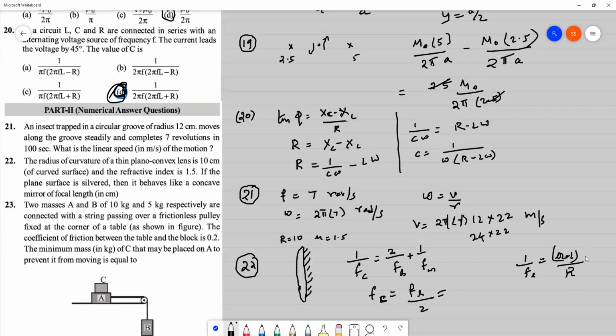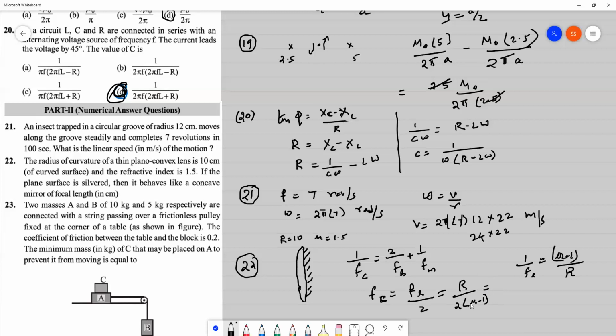For a convex it is mu minus 1 into 2 by R. For a concave it is minus 2 by R. For a planar concave it is minus 1 by R, and for a planar convex it is 1 by R. So this is the formula for planar convex. So Fl should be equal to R by mu minus 1, so this should be R by 2 times mu minus 1.